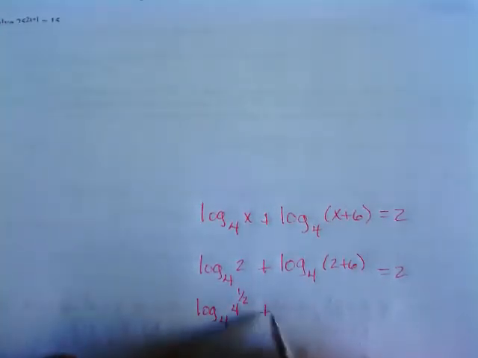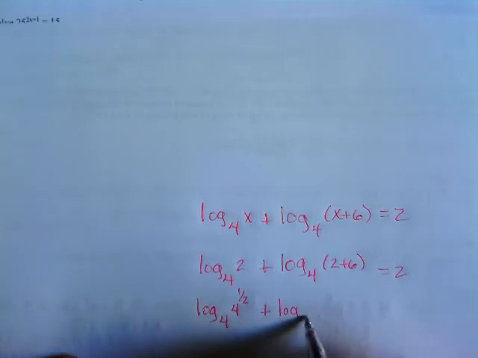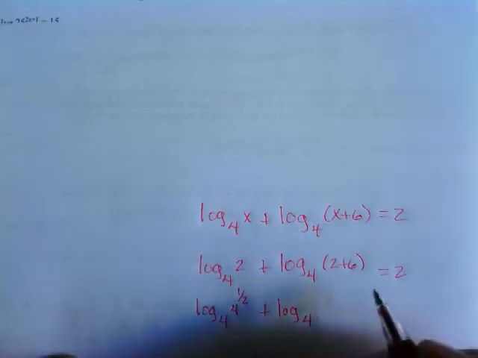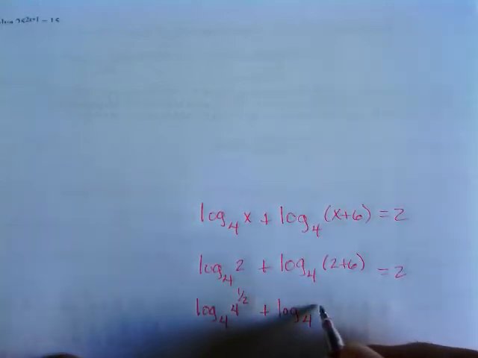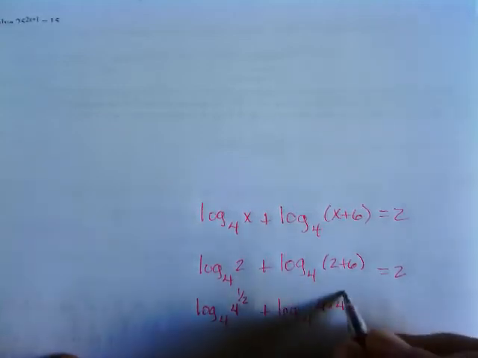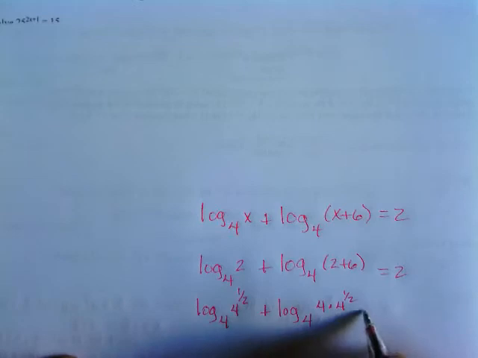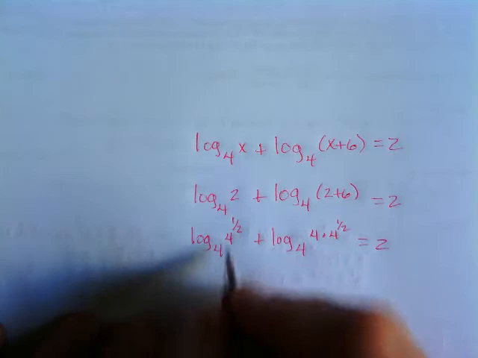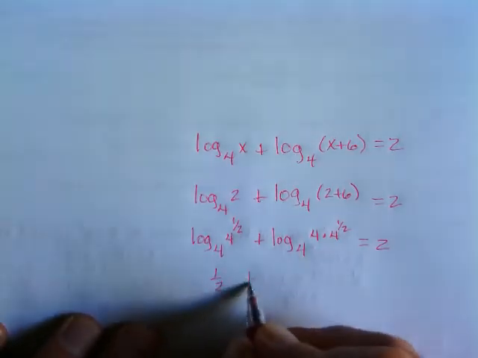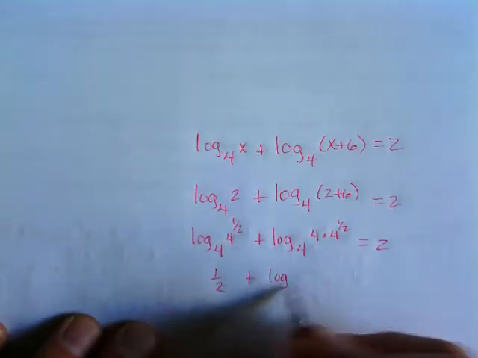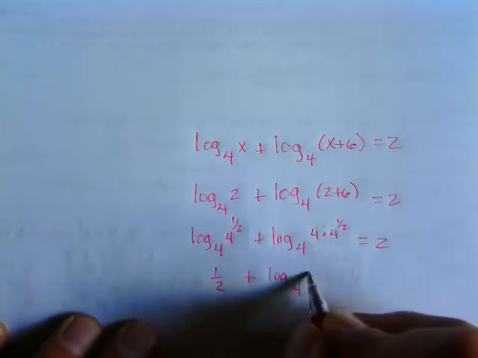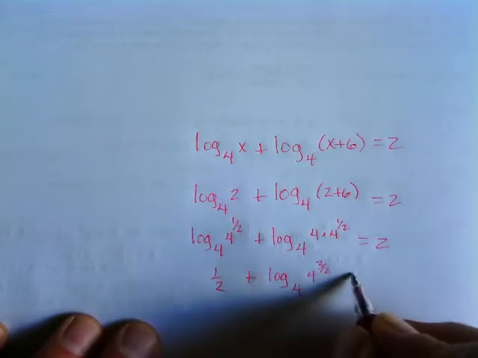Over here, I would have log base 4. Now that's 8. Okay, 8 is 4 times 2. Which means that basically I have a 4 times a 4 to the 1/2 equals 2. This, of course, is just going to be 1/2. Here, 4 times 4, well, that's 4 to the 1 times 4 to the 1/2, so that's 4 to the 3/2.